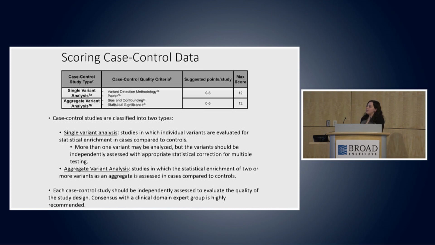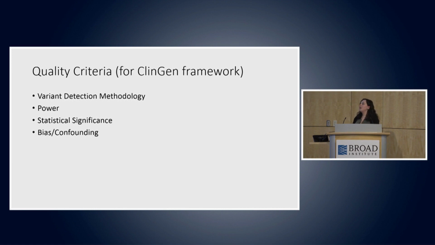So literally, if you had 2 very well done case control studies, you could max out your genetic evidence. So it's very important to talk to experts in this case. And so these are the bullet points that we consider when evaluating the quality of a case control study: the variant detection methodology, power, statistical significance, and bias and confounding. And I'll talk about those a little bit in detail now.